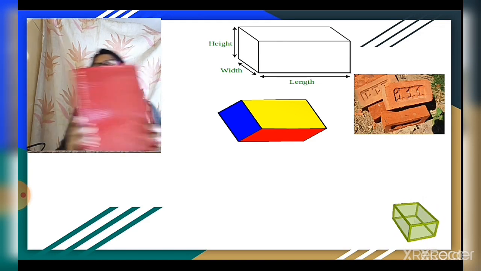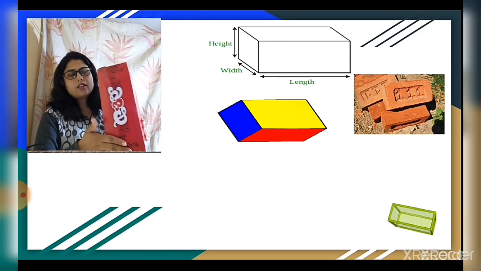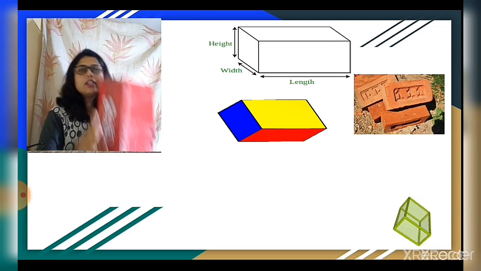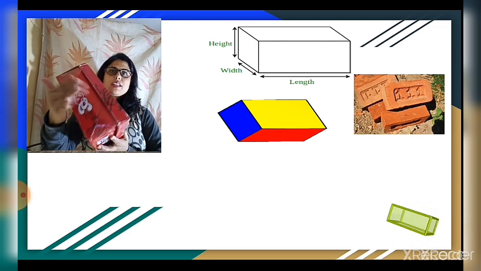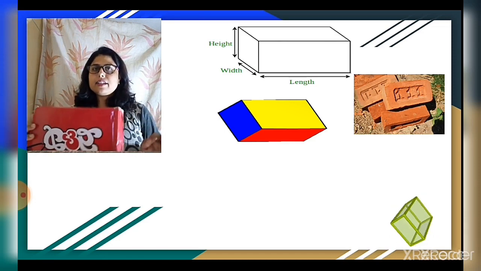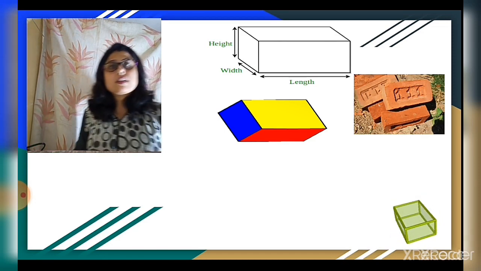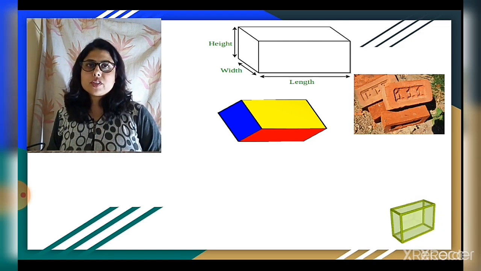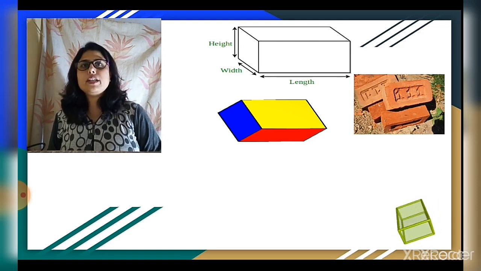This face and its opposite is this one. So both these rectangle faces are equal in a cuboid. Similarly with this and this. Here length, breadth and height will not be equal, as in a cube. In a cube we find all three dimensions equal, but not in a cuboid.